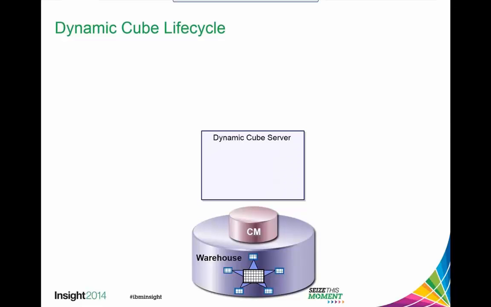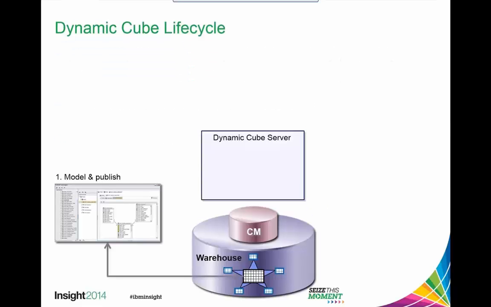Okay. All right, so just a quick little refresher on the Dynamic Cube lifecycle. This slide should look very familiar to you. We're starting out with the data warehouse here, and we really emphasize having your data in a star or snowflake schema because that is the best for performance.